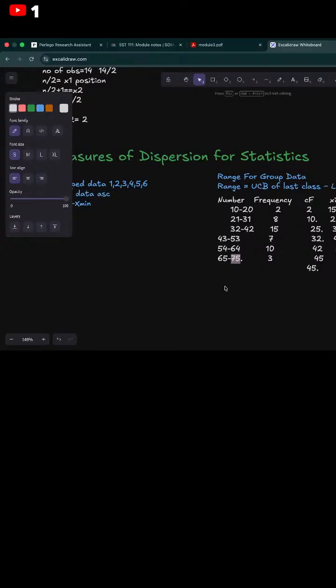To calculate the midpoint is simple: you add 65 plus 75, then you average this. To average, you divide by 2.